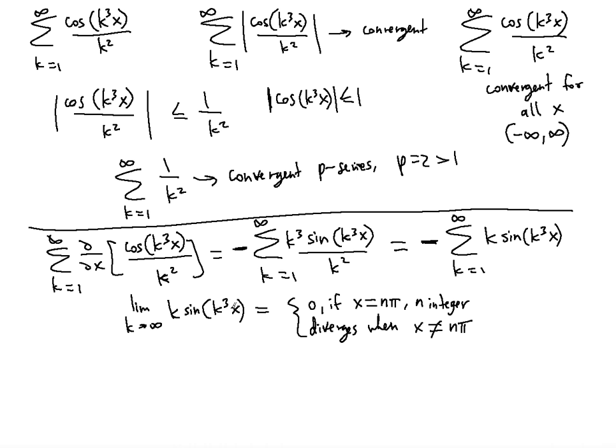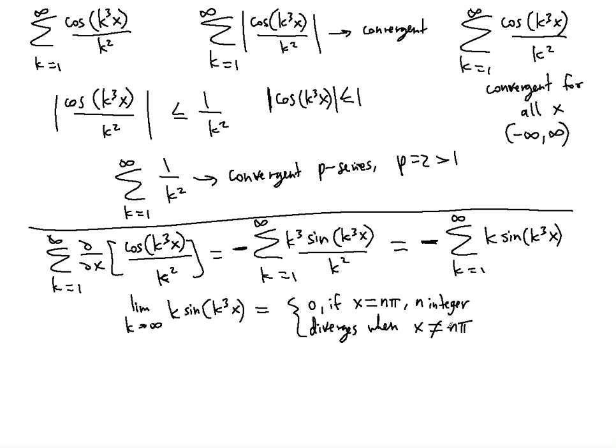In any case, there is no convergent value because sine will always fluctuate. For other values of x that are not part of that solution, the sine will always fluctuate, and the k will make the sine waves bigger and bigger forever. So there's no convergence anywhere else, and there's divergence when x is not equal to n pi.